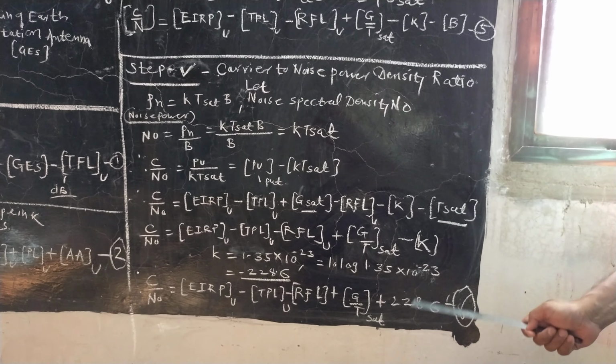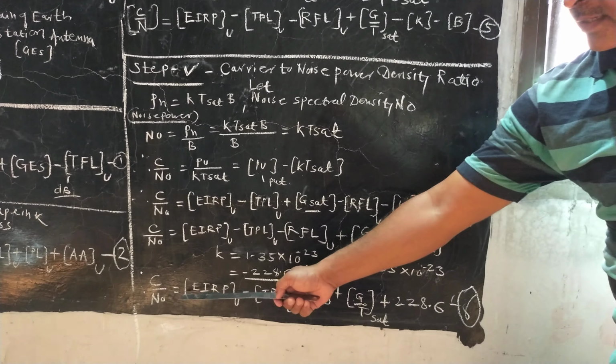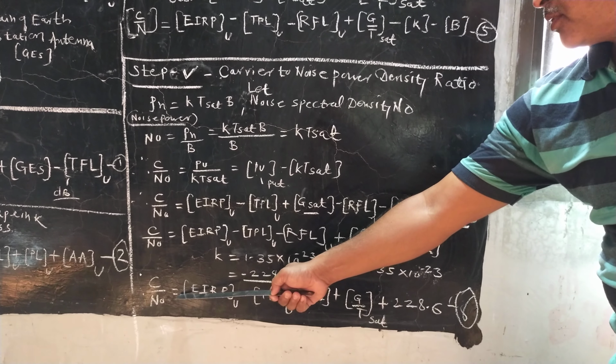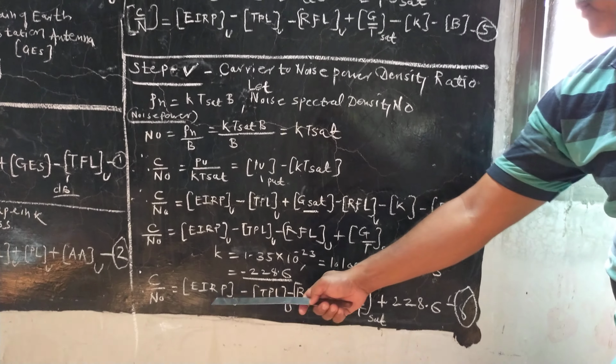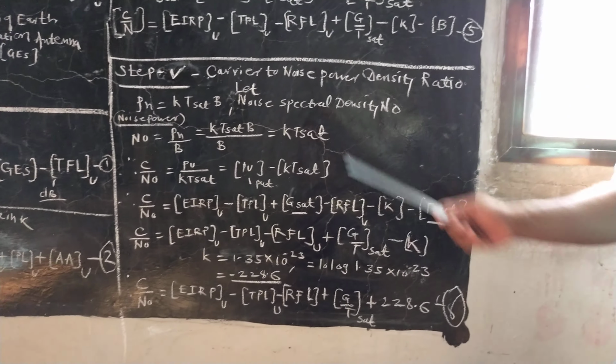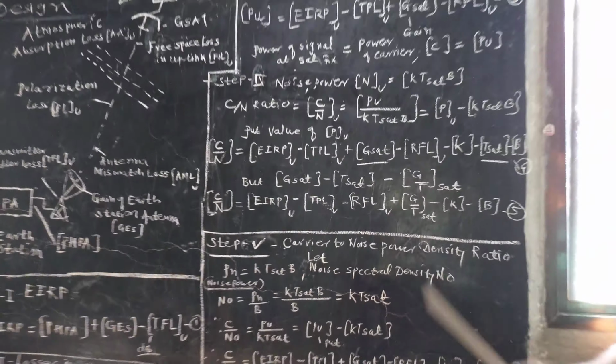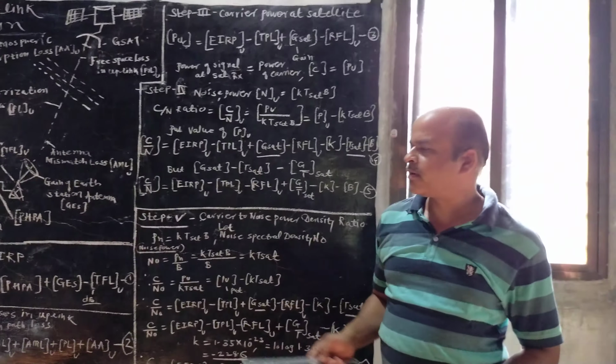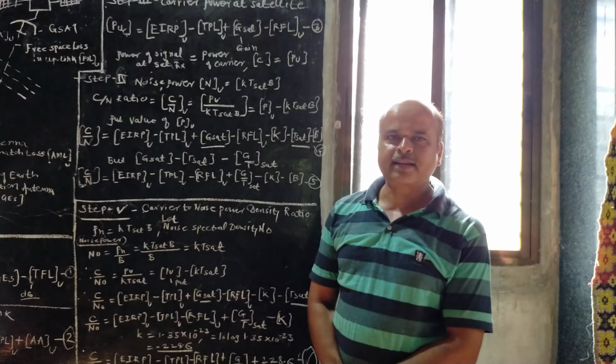We will get the last equation, C by N0, that is the noise power density, is given by this equation. So this is the uplink design procedure, and we have explained in detail this satellite uplink design.